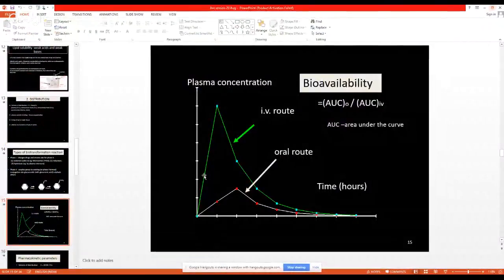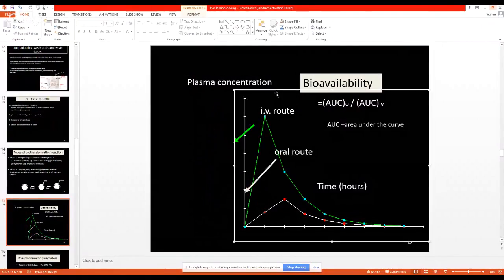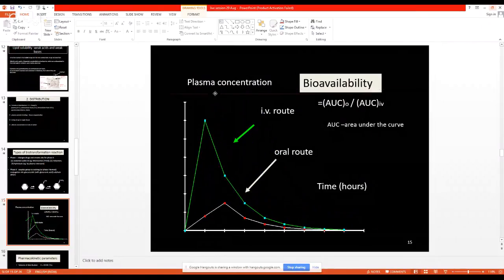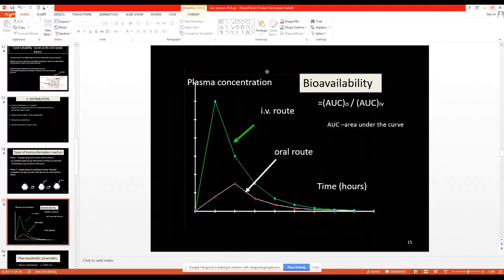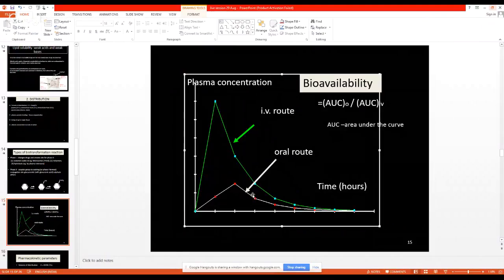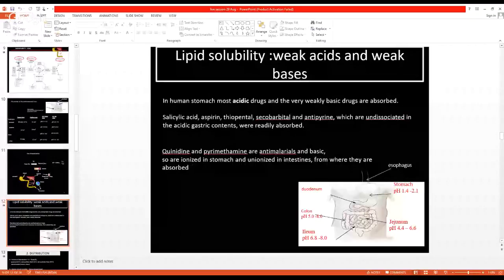Okay, so if somebody takes a drug through an oral route, generally you have a graph: the concentration of the drug goes up, and then it goes down because of elimination. If I am giving an IV drug, of course the concentration will be very high and then goes down, whereas if it is oral, there is absorption and things like that, so the concentration may be much lower. This ratio we will call bioavailability.